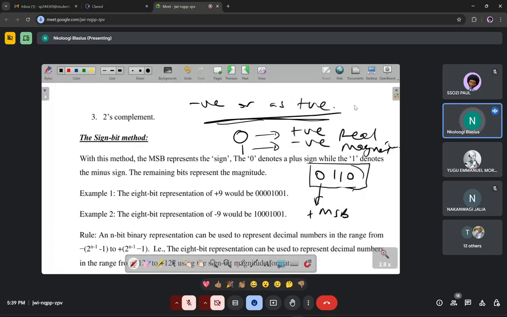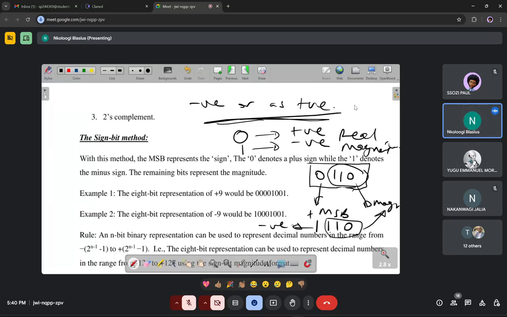That means that the rest of the number here will be the magnitude, the real number. So whatever number this is, the binary 110 is the real magnitude of the number. If this one was 1, 1, 1, 0, then this would be the real magnitude, but the 1 would tell us that this number is a negative.